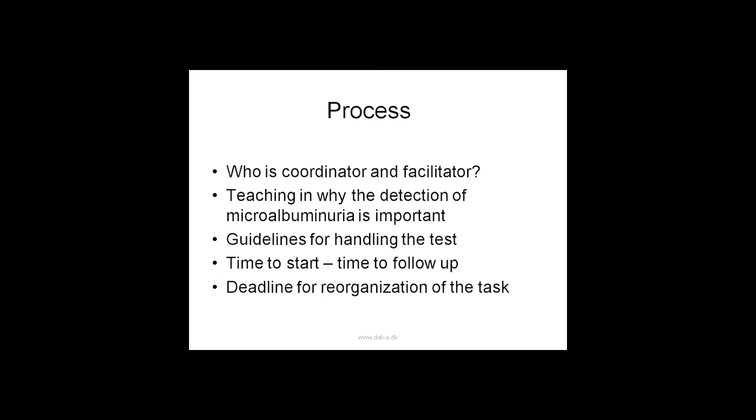You must choose a member of the staff to be facilitator. Teaching involves the detection of microalbuminuria; it is important. You must teach so all have the knowledge. Guidelines for handling the test, the time for start and the time for follow-up, a deadline for reorganization of the task.